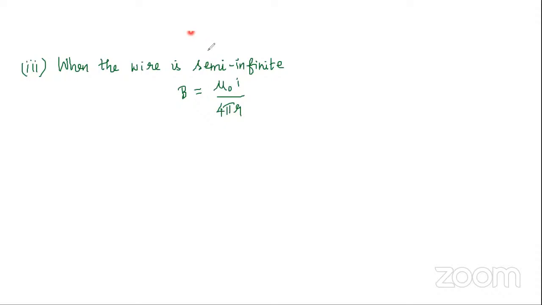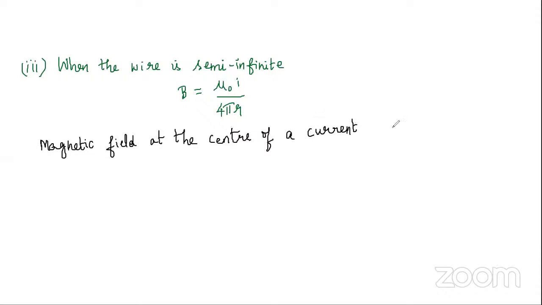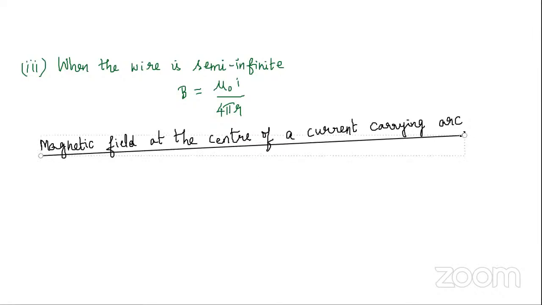The next concept is the magnetic field at the center of a current carrying arc. This is the concept.